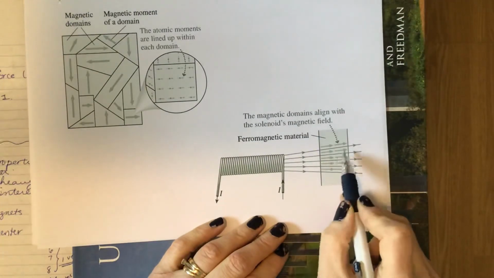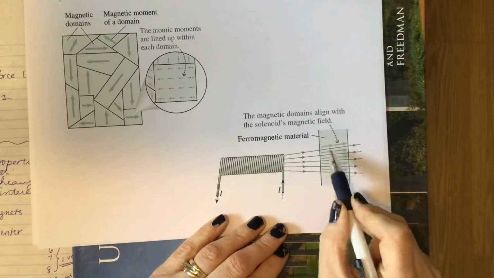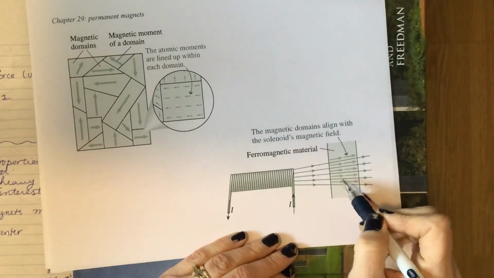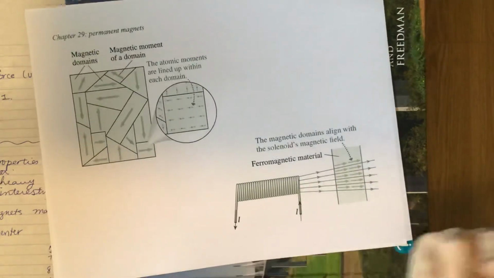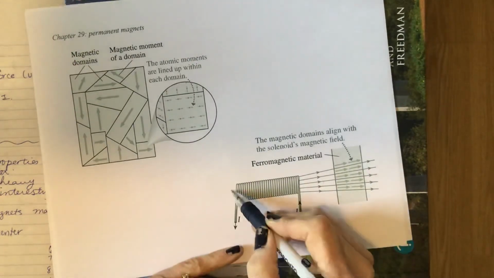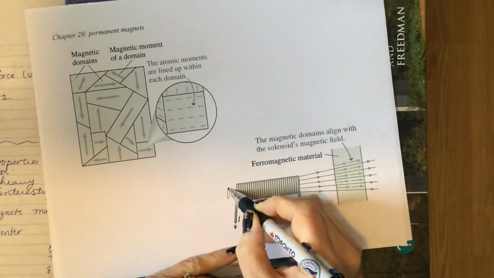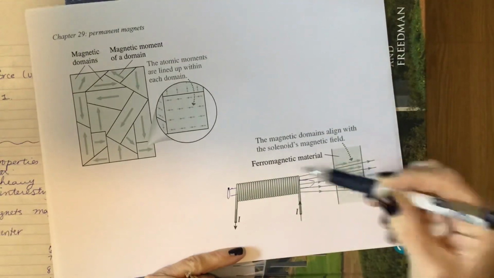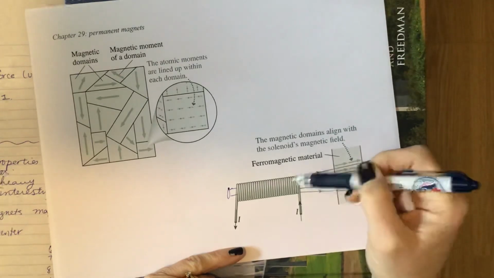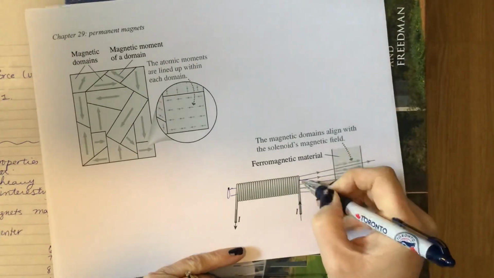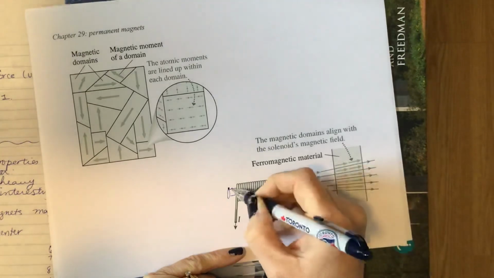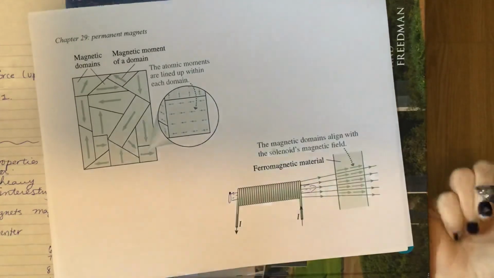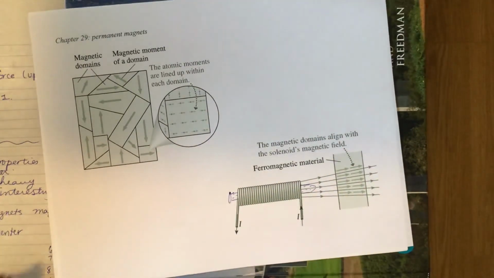And if you bring that field close to a ferromagnetic material, it will cause all those little electrons to line up with that magnetic field. So that will overall magnetize the material. So when we put our galvanized nail inside this electromagnet, it turns into a magnet because the solenoid's magnetic field causes all the little electrons, all their little magnetic moments, to line up. So that's what turns it into a magnet.